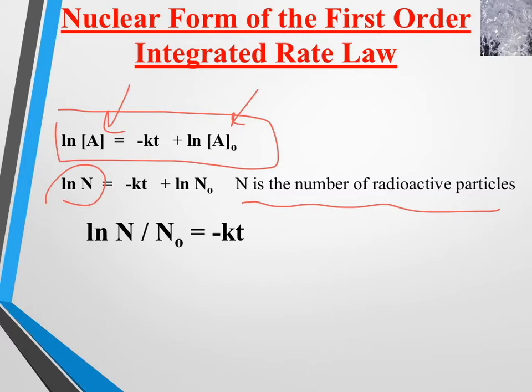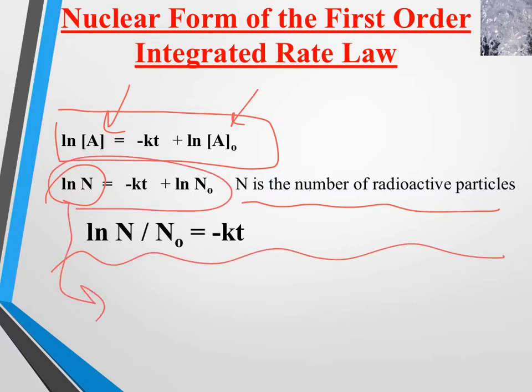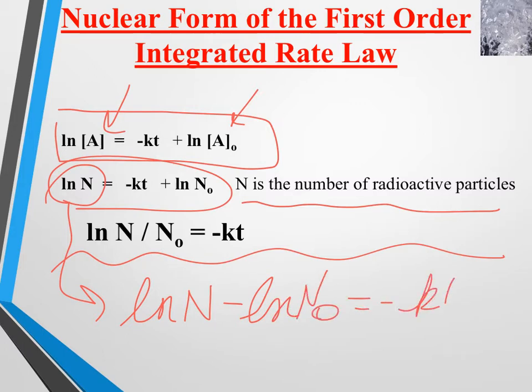Now just briefly, let me remind you of the math of logarithms. If you look at this first order rate expression, it's obvious we could rearrange it. One way we could rearrange it would be as follows, just moving the natural log of the initial count over to the left-hand side.